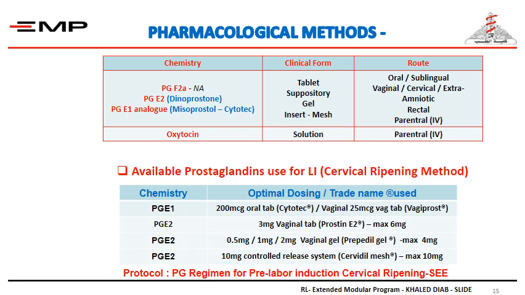For prostaglandins, either dinoprostone, prostaglandin E2, or misoprostol, prostaglandin E1, may be used. Prostaglandin F2 alpha is currently not available. Different clinical forms are available, with different routes used. The optimal dosing and the available trade names for different prostaglandins used are shown in the following slides.